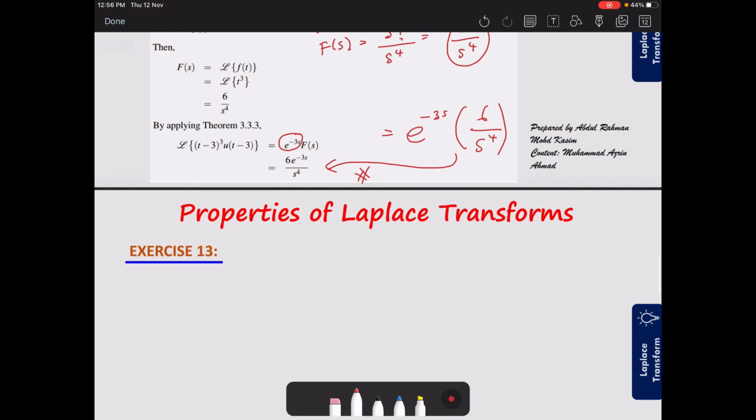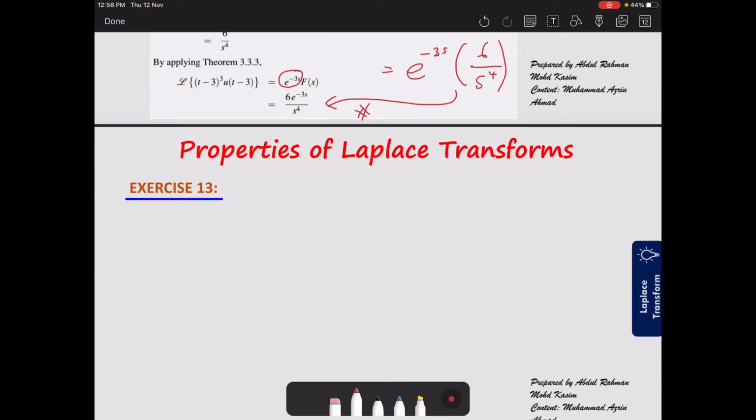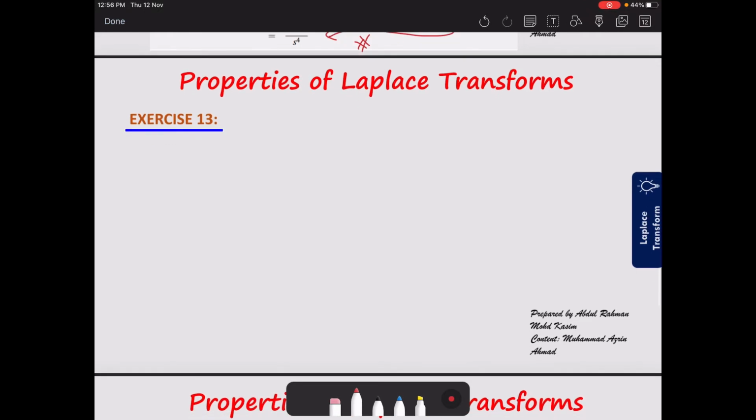Alright, so now let's go to an exercise. Let's say you have the equation to find the Laplace transform of t u(t minus 5). As I told you previously, the first term over here is representing your f(t), and here is your t. There are two functions over here, but your function u is in terms of t minus 5, which does not happen in f(t).